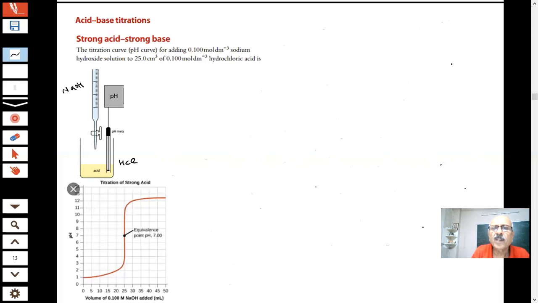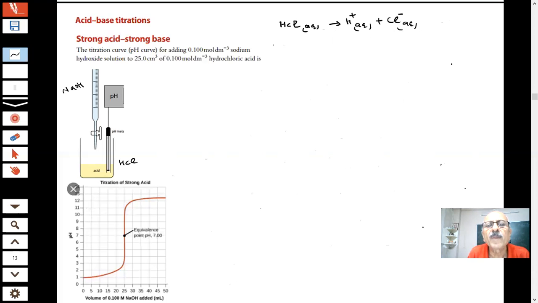What has happened is that I started with HCl, and it gives H plus aqueous and Cl minus. It is completely ionized.